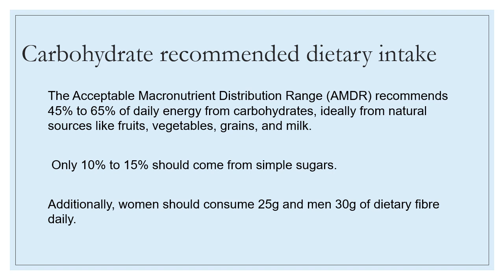Only 10 to 15% max should be from these simple sugars. Most of the other proportion should come from our complex carbohydrates, those oligosaccharides and the polysaccharides. Additionally, women should consume around 25 grams and men 30 grams of this dietary fibre to allow very healthy digestion.